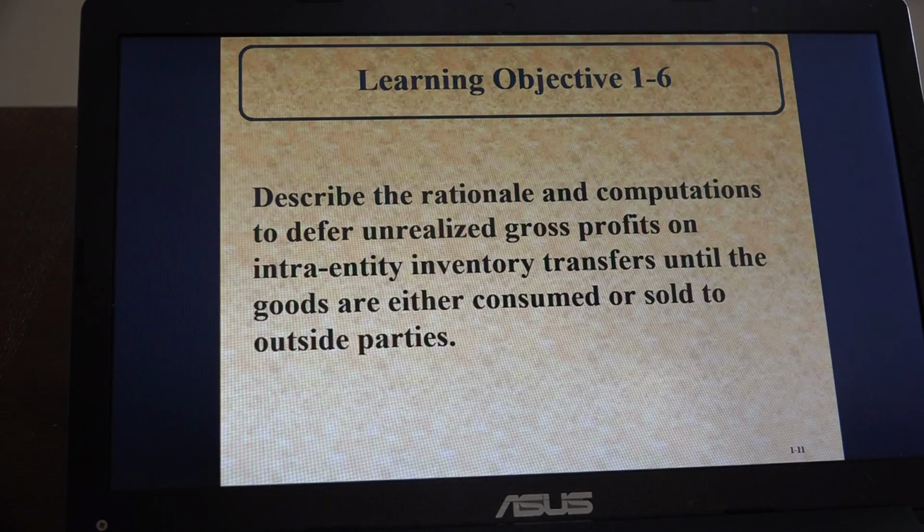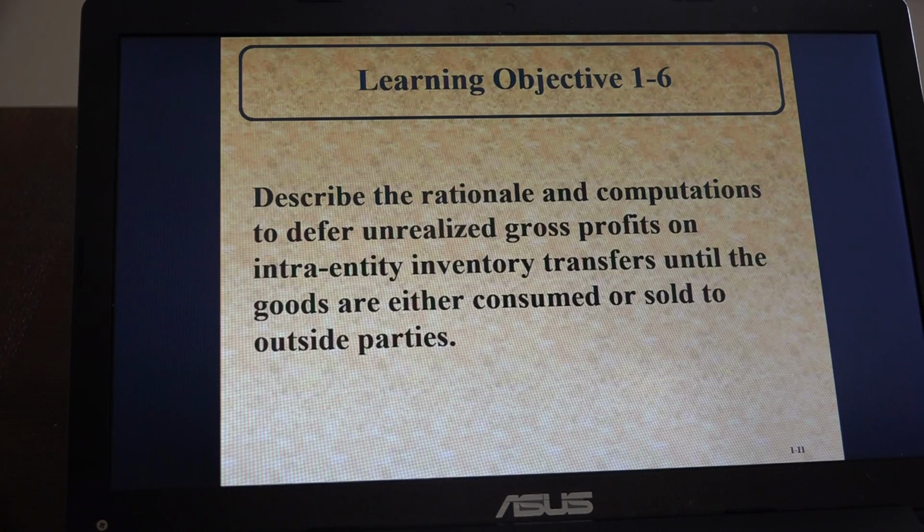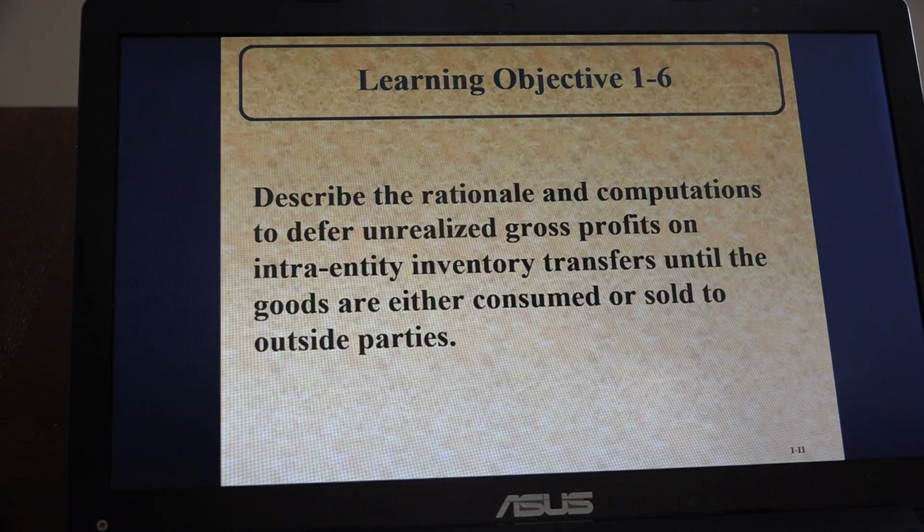If you have that sort of situation, not all of the inventory that's sold to either the investor or the investee is passed on in process by the investor or the investee.